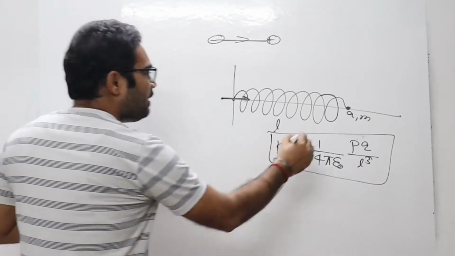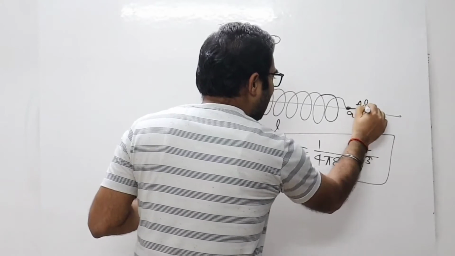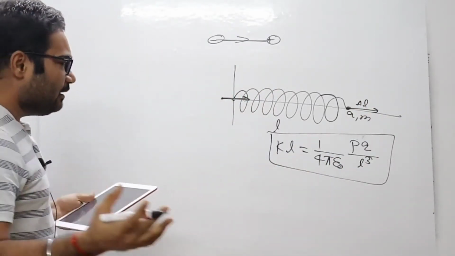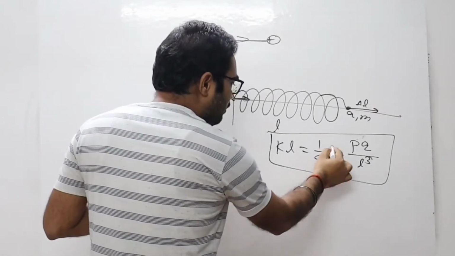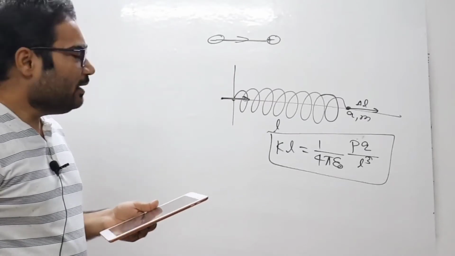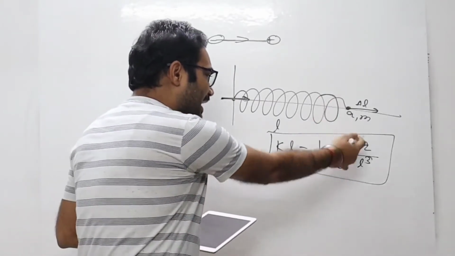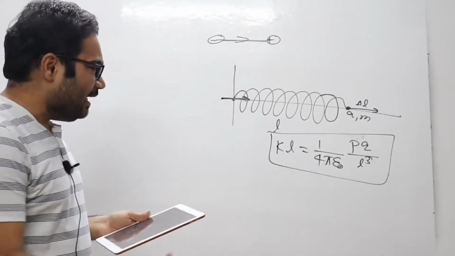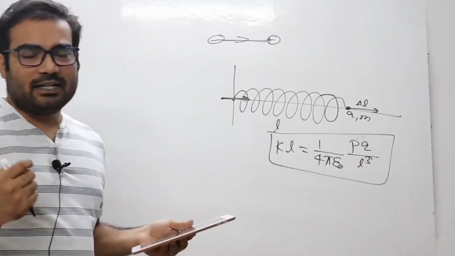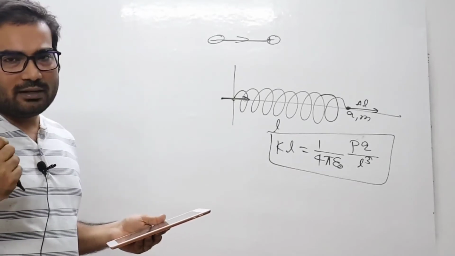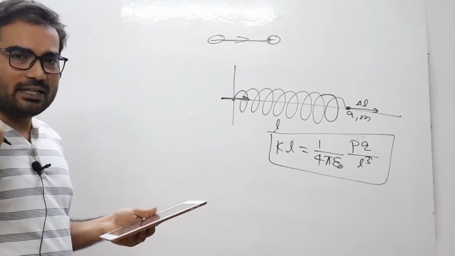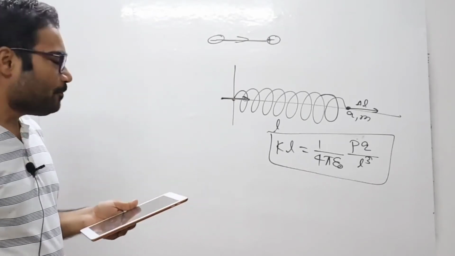After that, if you displace this point charge particle by delta L, the spring force becomes K into L plus delta L, and the electrostatic force becomes 1 by 4 pi epsilon naught p q by L plus delta L to the power 3. The electrostatic force decreases and the spring force increases, so this charged particle is pulled towards the origin and starts to perform SHM.